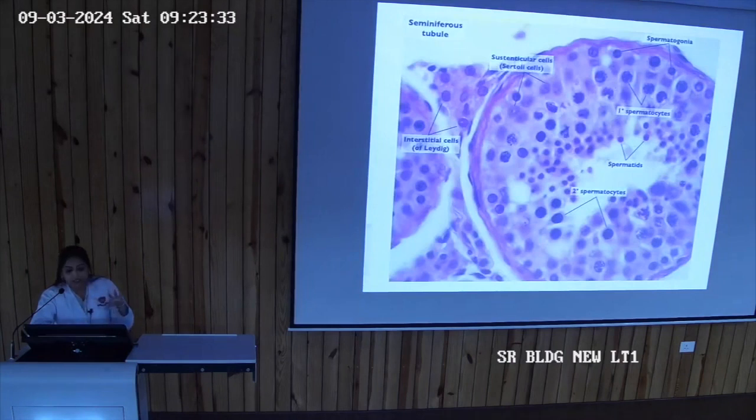So this is the cut section of individual seminiferous tubules showing the stratified layer and different types of cells. Now these cells are surrounded by a thin layer of smooth muscle cells, which are myoid cells. These myoid cells help in the contractions and expulsion of sperms as and when required.